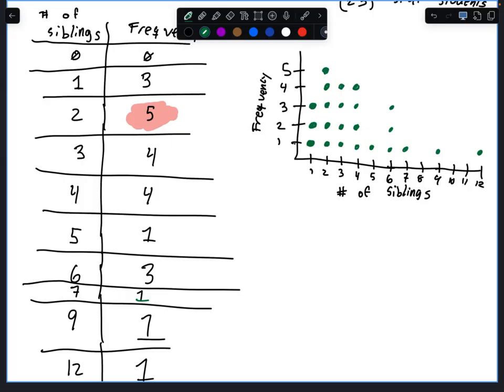Now, also something for next unit. As we're writing down, I'm going to try to preview some next vocabulary. What do you think we're going to call that final dot? What do you think that's going to indicate? Again, this is next unit stuff, but I just want to see if you know. Do you know what's something that's way out there, away from all the other dots? Does anyone remember this from ninth grade?